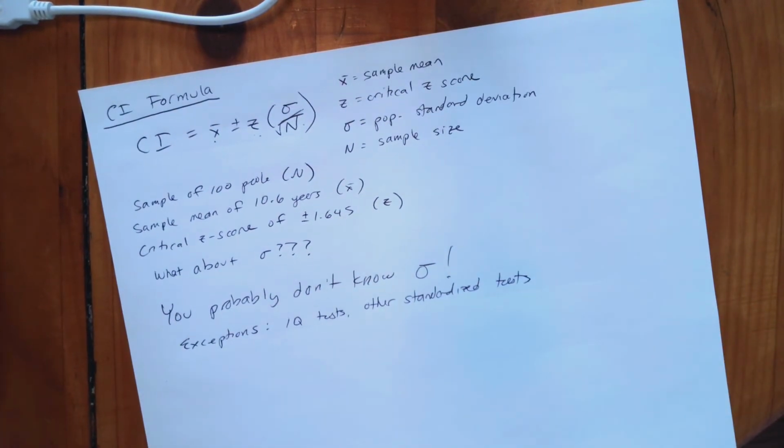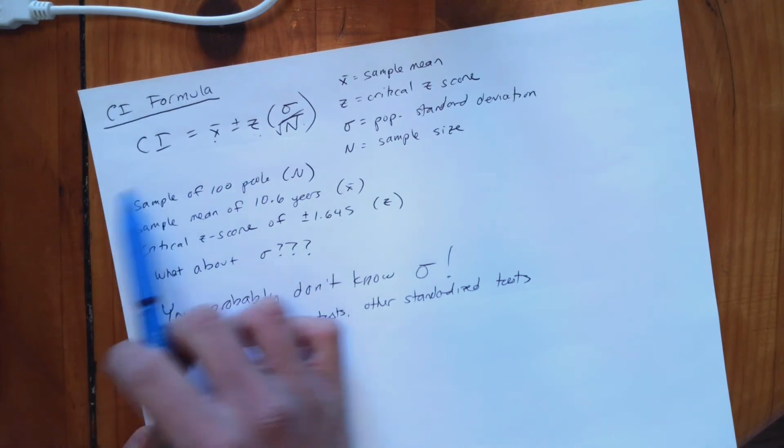So in an IQ test, I'm pretty sure these are the right numbers, IQ tests are set so that no matter what, the mean value is always 100 and the standard deviation is always 15. So if you were trying to find a confidence interval for an IQ test, you would know the population standard deviation because it would be set by the people who make the IQ test. And in that case, you would just plug it in, you'd be good to go here.